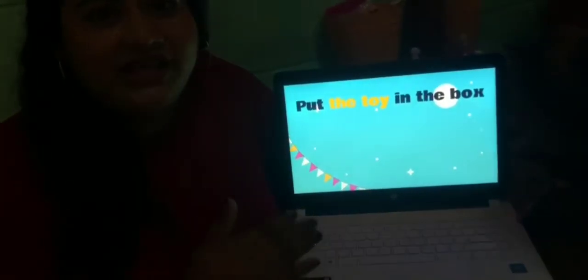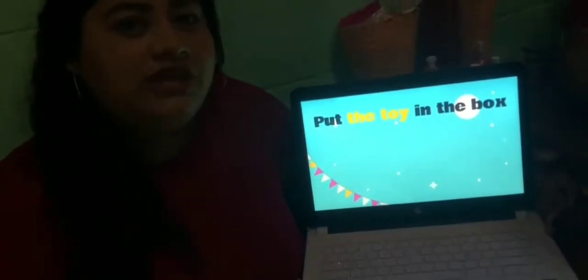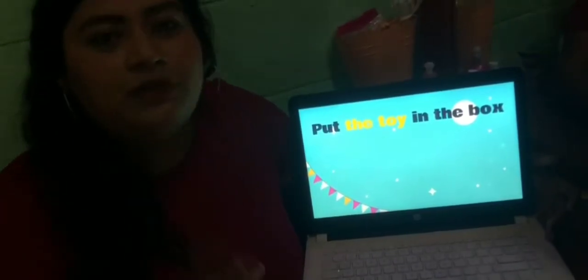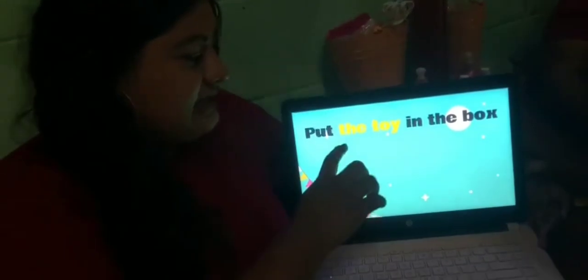The next one is, put the toy in the box. Here we can see that the highlighted words, the toy, are the noun that we want to replace. Which personal pronoun do you think we have to use in this case? Because the toy is not a person, it's an object.